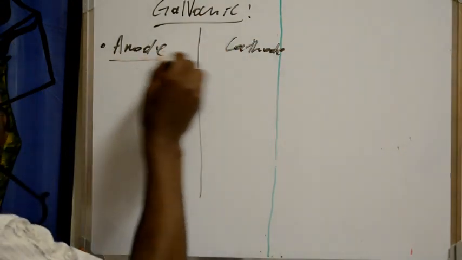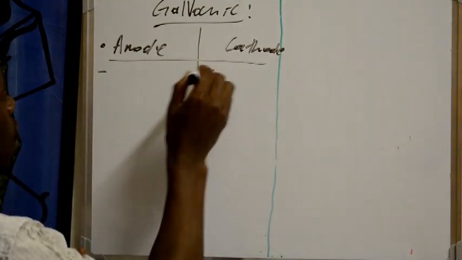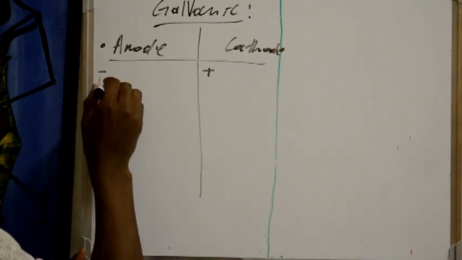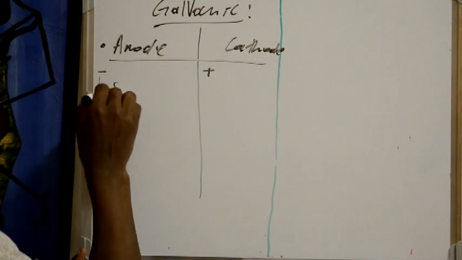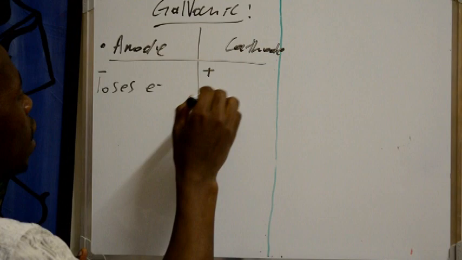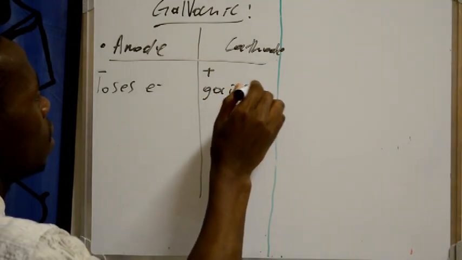Since there are two, this one is negative. This one is positive. The negative one loses electrons. This one gains electrons.